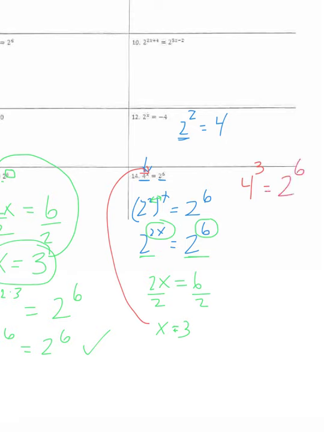Well, 4 times 4 times 4, 4 times 4 is 16, 16 times 4 is 64, and 2 to the 6th, 2 times 2 times 2 times 2 times 2 times 2, that is also 64, so that checks, and you can be content knowing that your solution x equals 3 makes sense and is the correct solution.